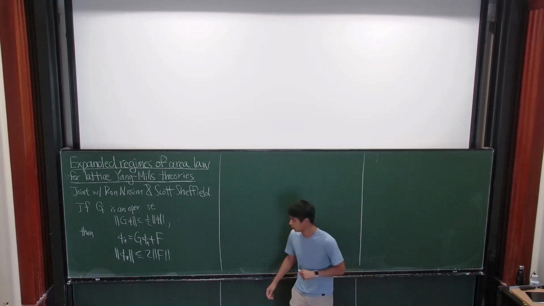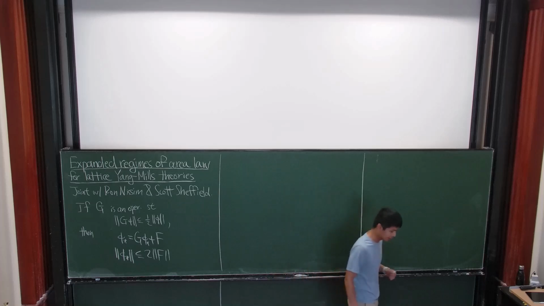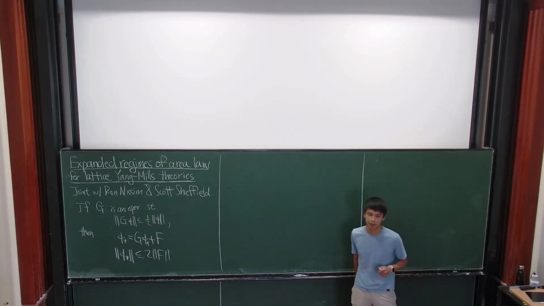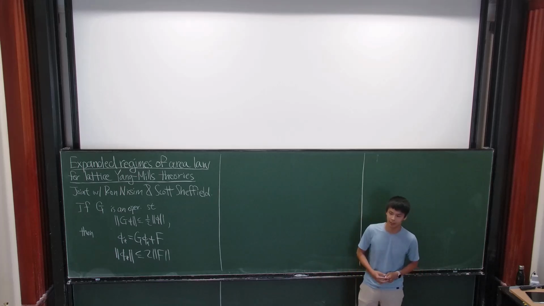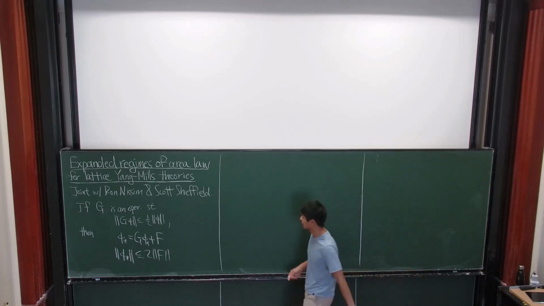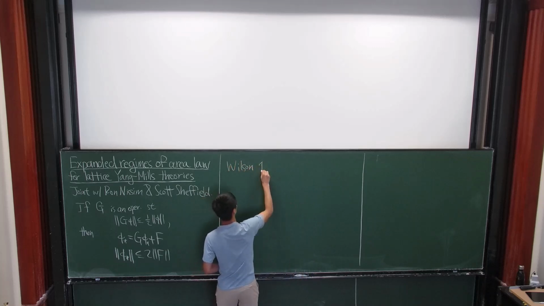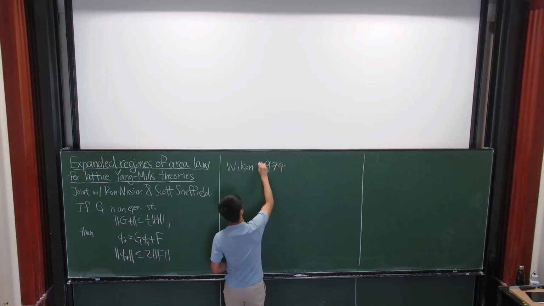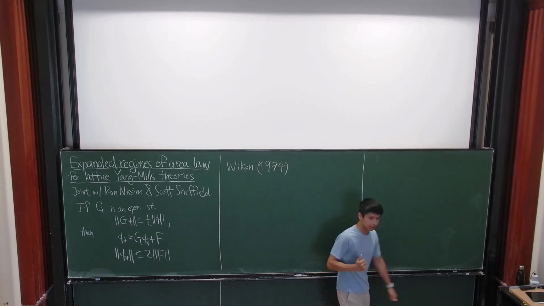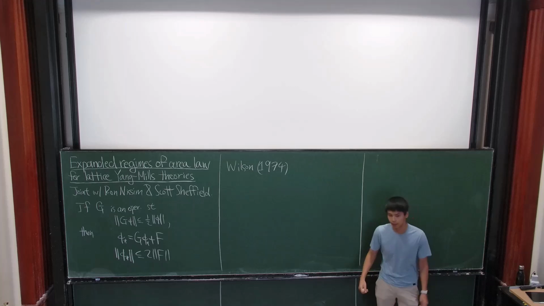Okay, so with that being said, maybe now let me also give some motivation for the area law and why you care about it. And basically, this goes back to Wilson's paper from 1974. This paper actually defined lattice Yang-Mills basically for the first time.